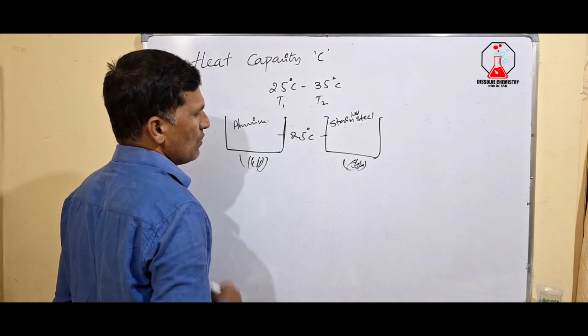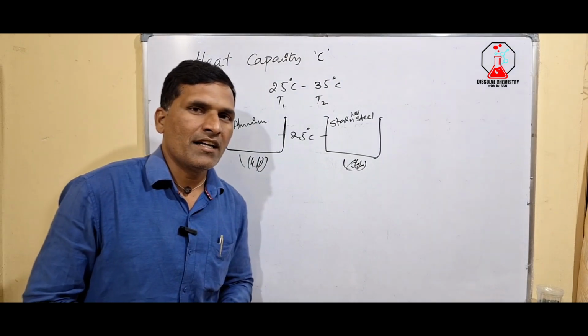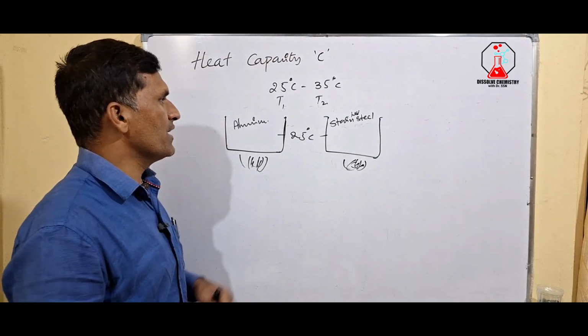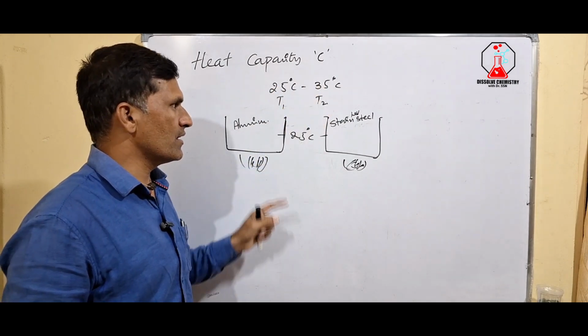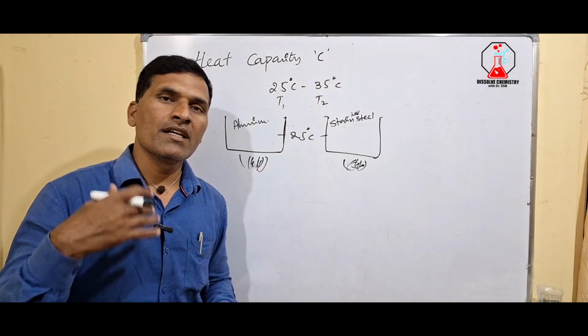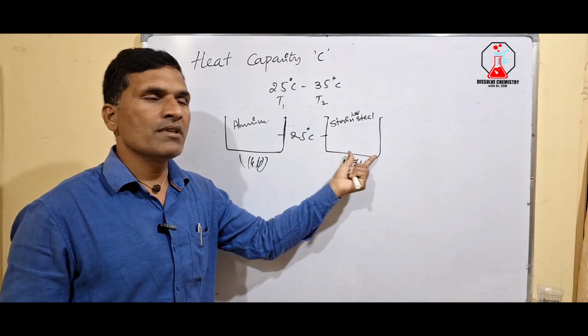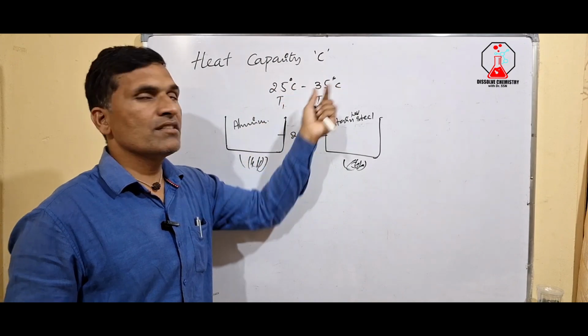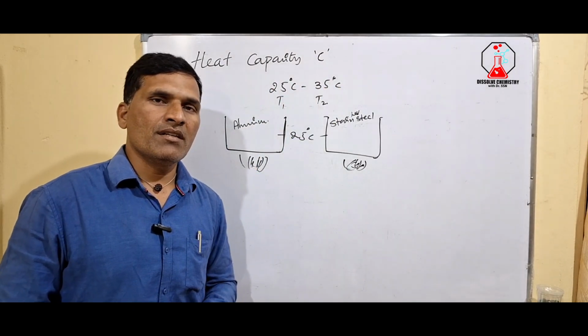Now what happens as you heat? By experience we know that the amount of heat energy required to raise from 25 to 30 degrees Celsius for the aluminium vessel will be greater than for stainless steel. Means the stainless steel will immediately get heated up, or its temperature will change from 25 to 30 degrees Celsius faster as compared to aluminium.